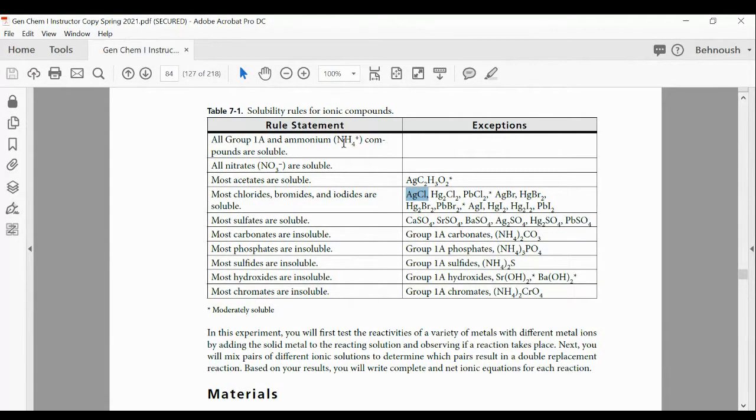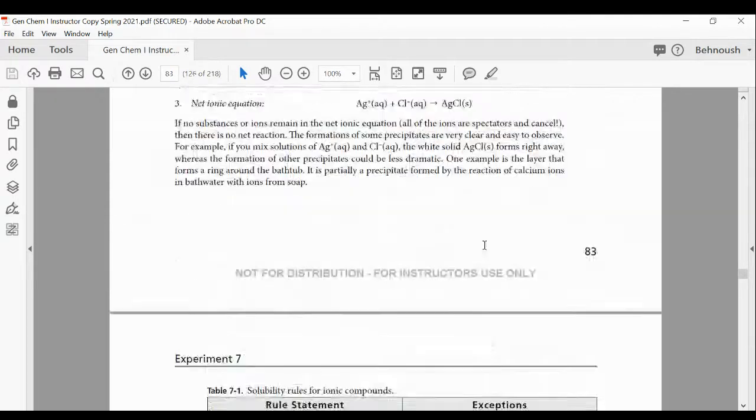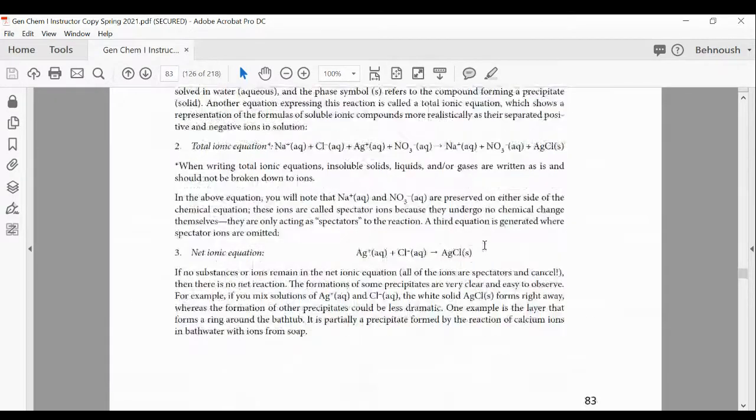Any compound that contains the ammonium ion or a metal from group 1A is going to be soluble in water, so it's going to be aqueous. Anything that contains the nitrate ion is going to be soluble. So let's go back to this reaction here.